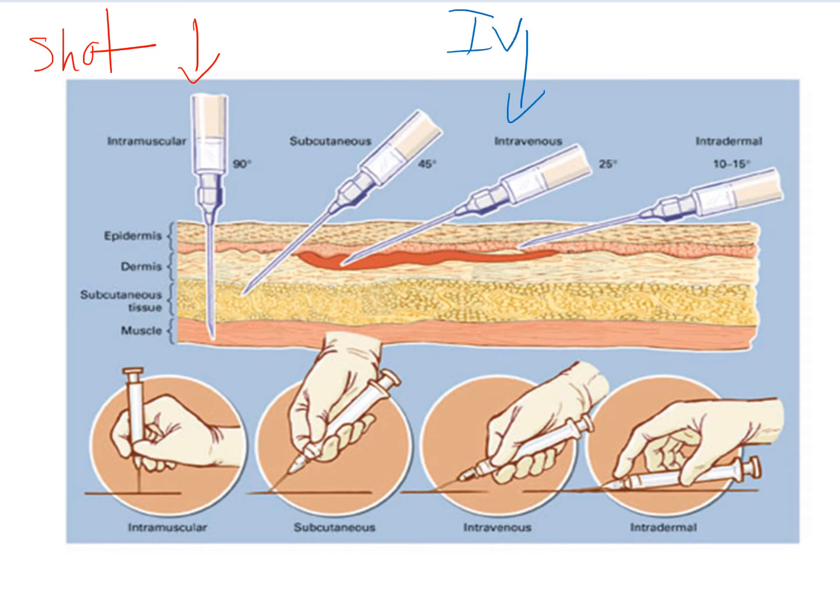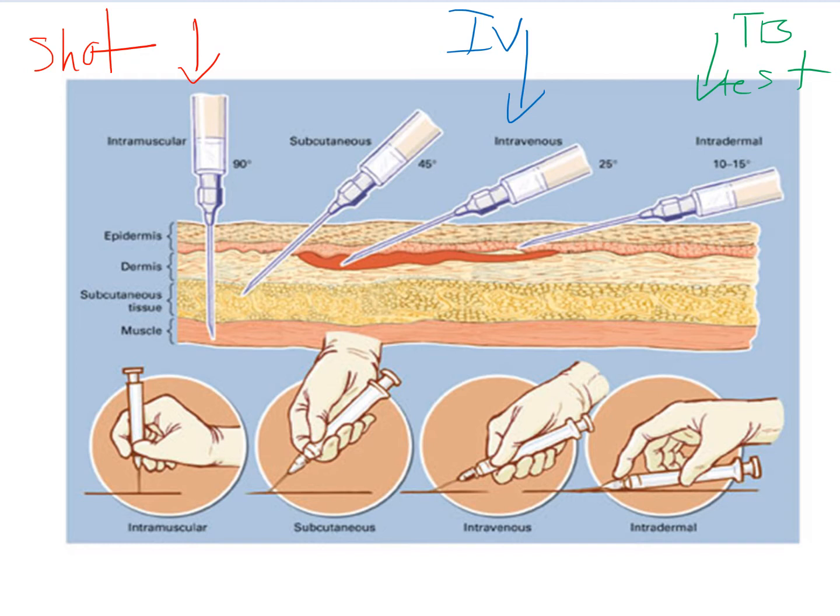And then intradermal injections, these are not especially common, but if you have ever had a TB test, that's an intradermal injection. If you've not had a TB test, I'll see if I can find a decent video. They can be a little hard to find.